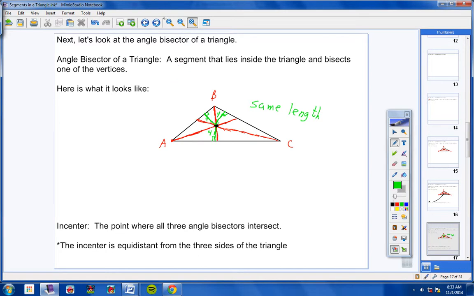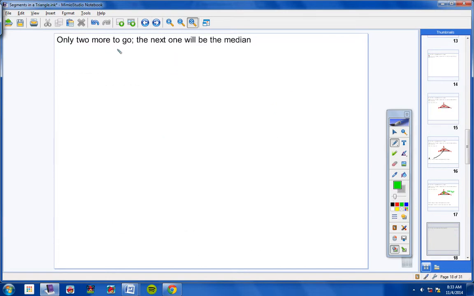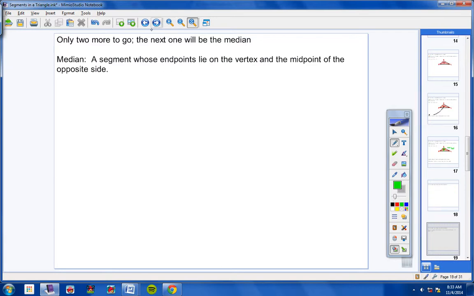Okay, students, let's continue on now. Only two more to go. The next one will be the median, okay? The median of a triangle. So, here's the definition. You're responsible for this, so please copy this down. The median of a triangle is a segment whose endpoints lie on the vertex and the midpoint of the opposite side.